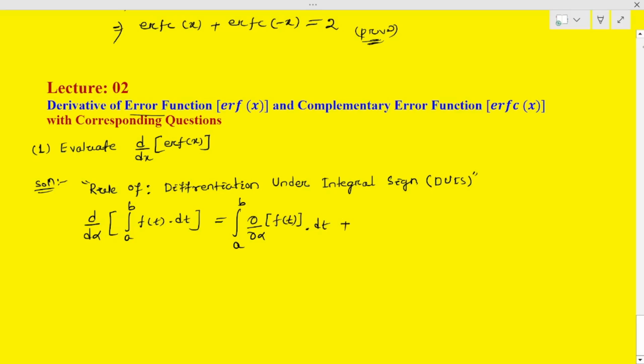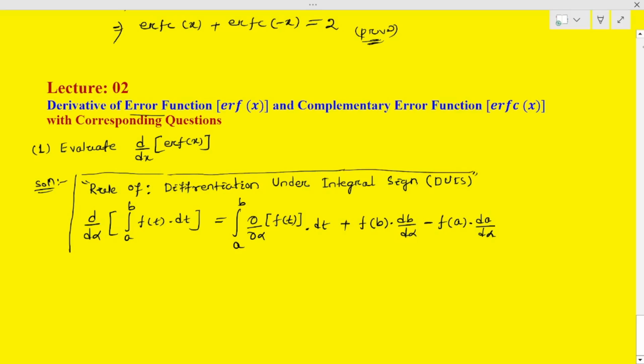Then the second term will be f of the upper limit b, into the differentiation of the upper limit with respect to alpha, db by d alpha, plus minus f of the lower limit a, into the differentiation of the lower limit with respect to alpha. In general, this is the rule of differentiation under integral sign.